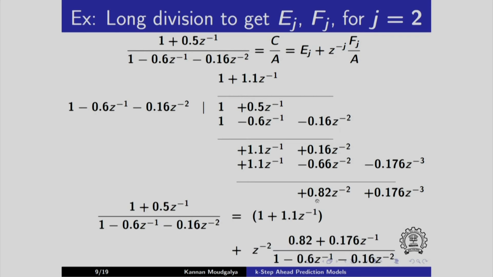So I stop here and I write it in the form of Ej and Fj. This quotient is Ej, which is given here, and the remainder is what I obtained here. Remember, I have to pull out this z power minus 2 here, so I get this term. So I have divided C by A into Ej and z power minus j Fj by A.